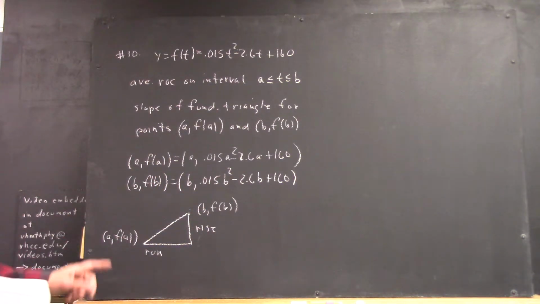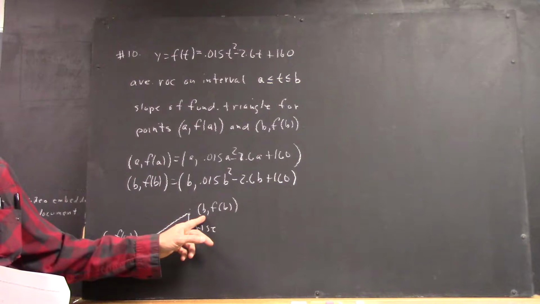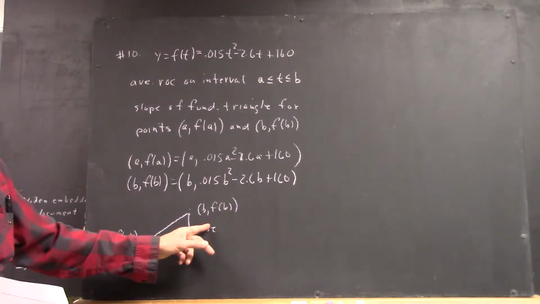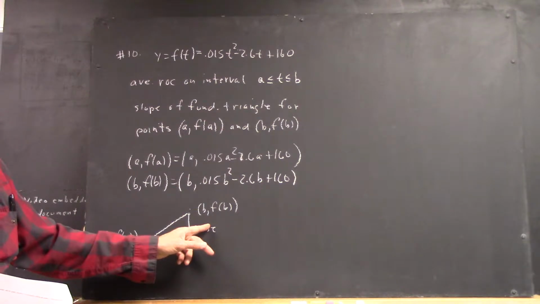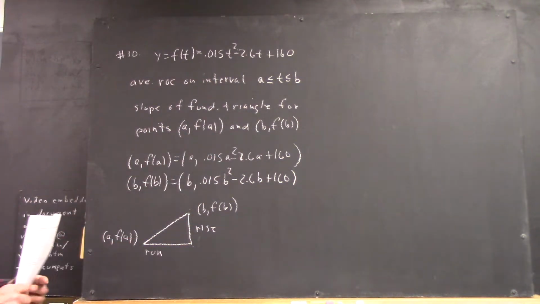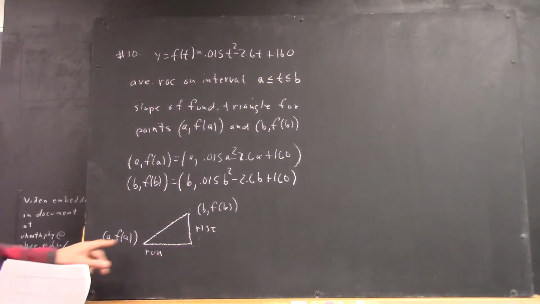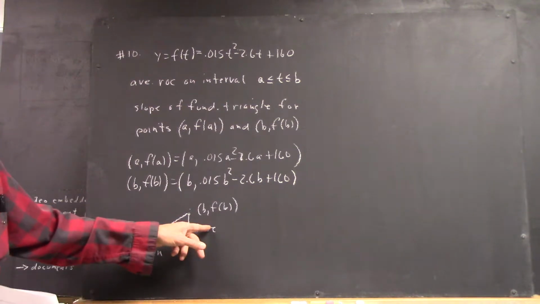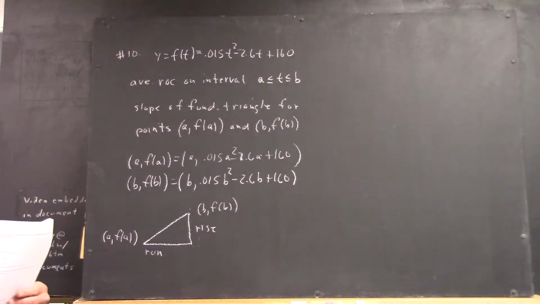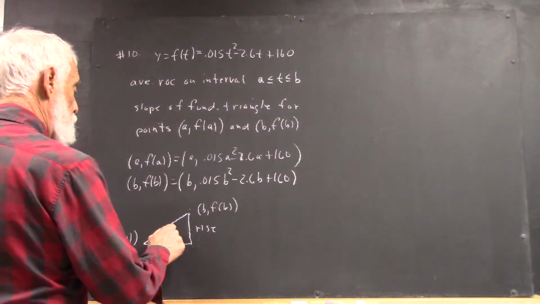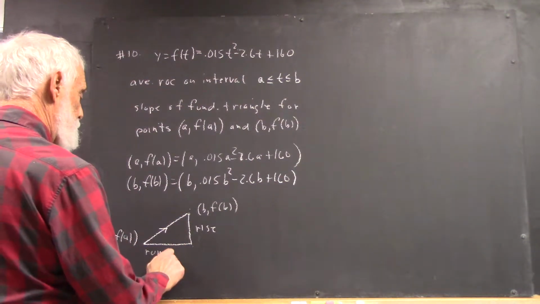Well, it's a and b, right? This value goes from a to b. So what's the change, how far is it from here to here? How do you get that if you have these two numbers? You subtract. Subtract this one from this one, right? Okay, you know to do that with numbers. And we've done a little bit with symbols. So if we go this way, the run is b minus a.